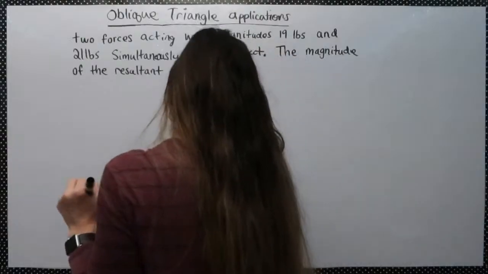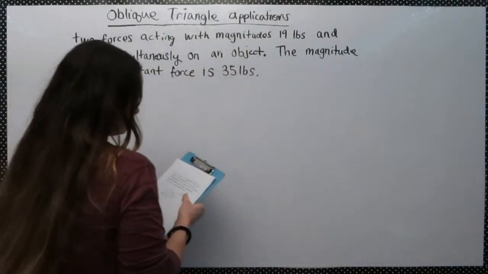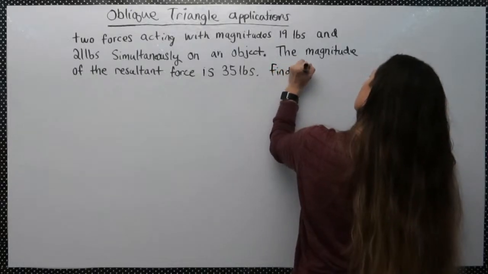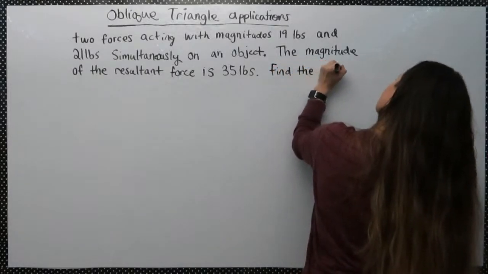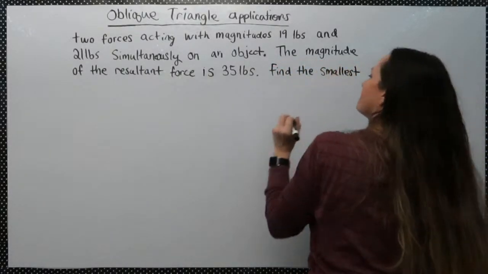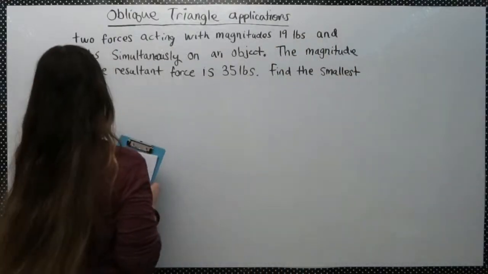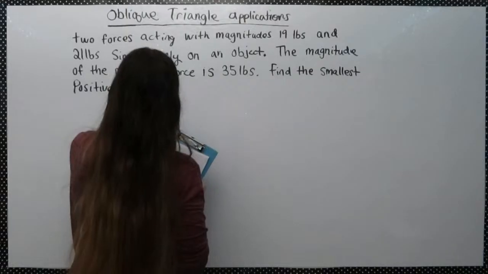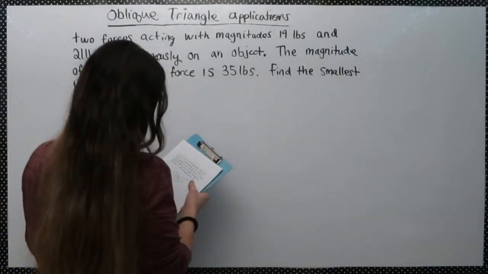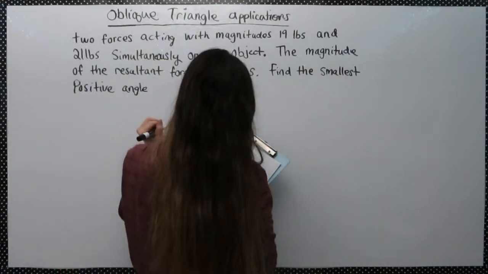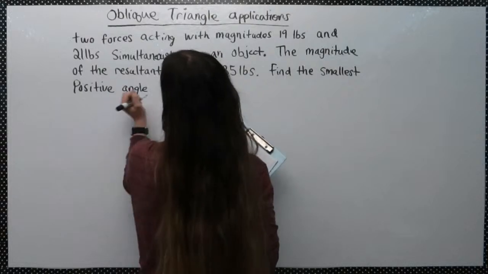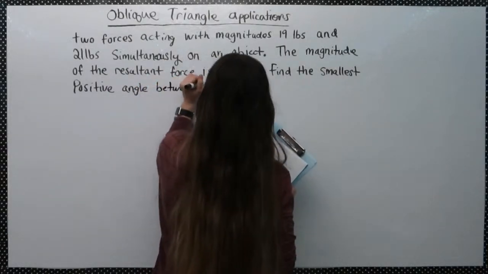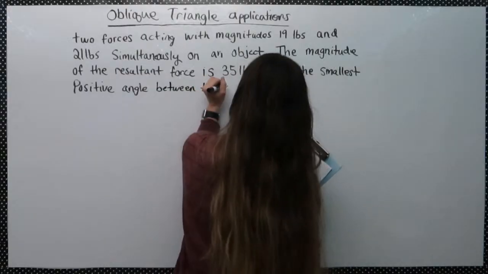It says find the smallest positive angle between the directions in which the forces act. I'm just going to put between the forces.